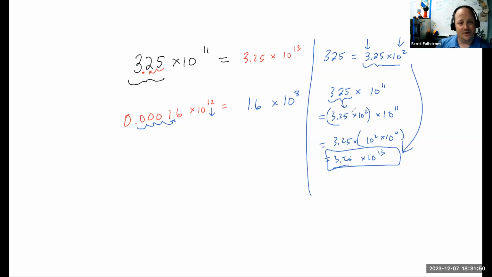Me personally, now that I'm out in the real world, if I need to convert things quickly, I think to myself, if I'm multiplying and I make one bigger, I make the other one smaller. And that would be like this. If I had a number like 3,000 and I was multiplying by 0.0148, then I really could move the decimal place here and get the number 3, moved it 3 places, and move the decimal place here and get times 14.8.